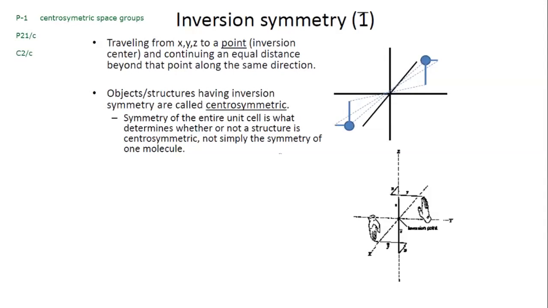And so that would be in a non-centrosymmetric space group. So again, centrosymmetric means there's an inversion center located in that series of symmetry elements for that particular space group. It does not depend on the molecule, just on the set of symmetry elements in that space group.